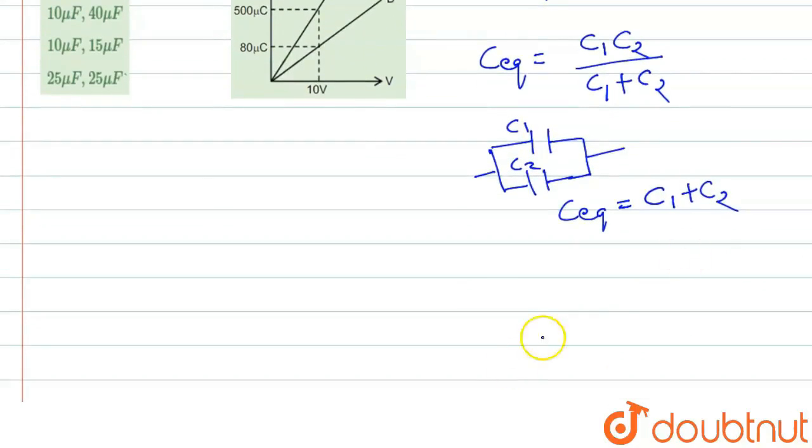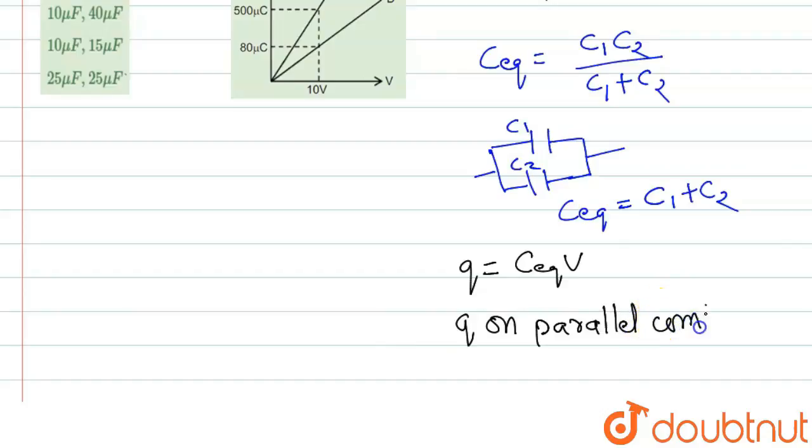So we know that in parallel combination the capacitance is more. So if we write the formula for charge in a capacitor, that is Q equal to C equivalent into V, then definitely the charge on the parallel combination will be more.